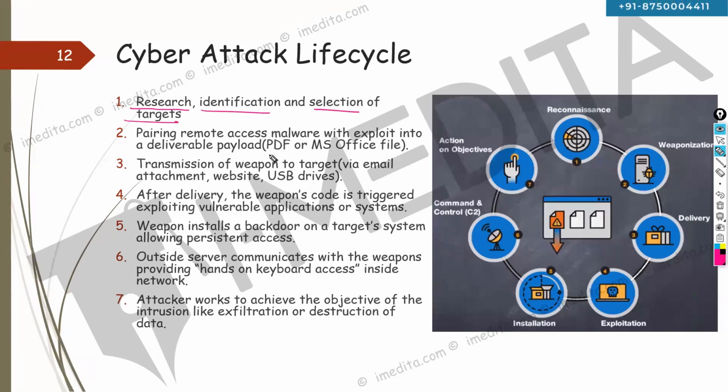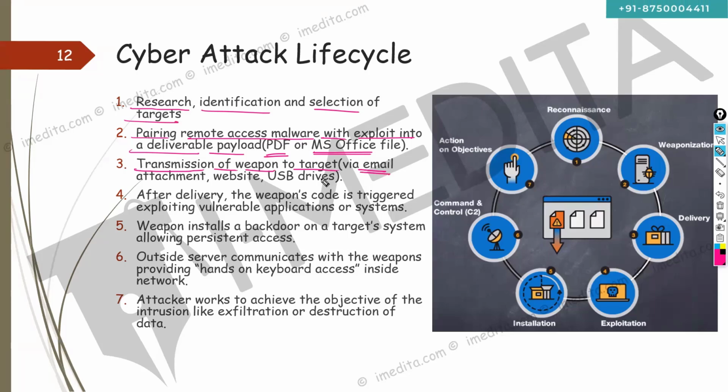After selection, we will pair a remote access malware with an exploit into a deliverable payload. That payload can be a PDF file or a Microsoft Office file. Now we have malware plus payload. Then what will we do? We will do the transmission of the weapon. We can transmit that weapon to the target.